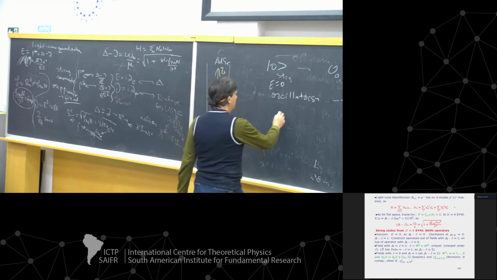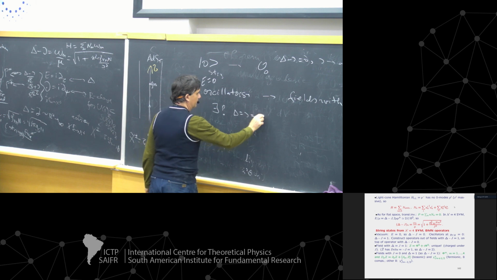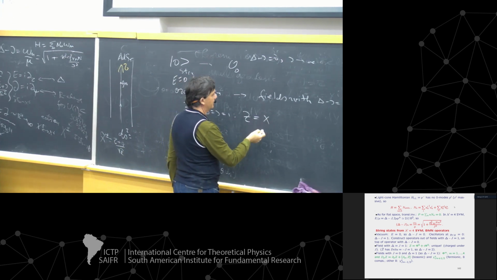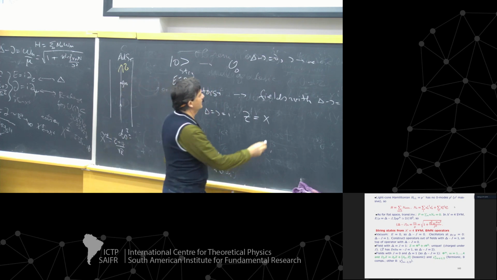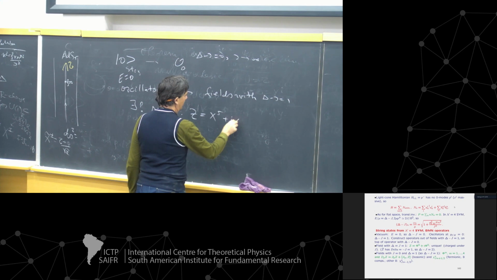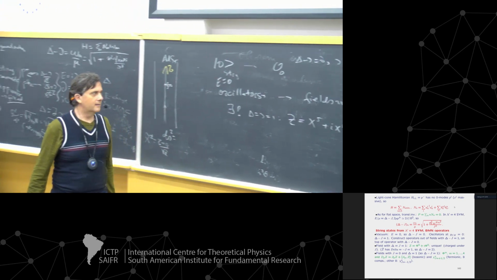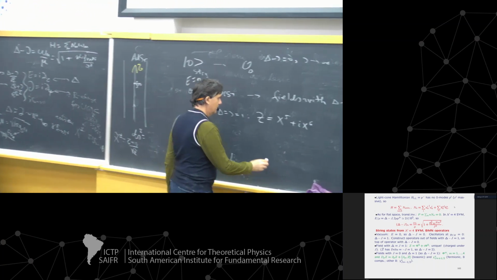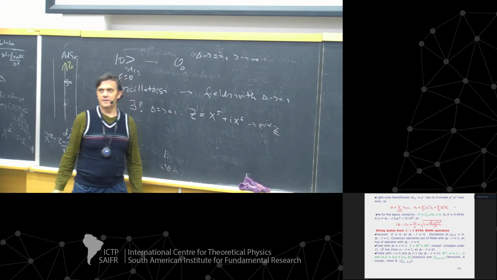Well, there's a unique field with delta equal j equal 1 that I will call z, and it's the one that rotates, a complex field that corresponds to rotations of x5 and x6, so x5 plus i x6. So this is a complex field, and rotations of x5 and x6 correspond to just multiplications by a phase of z.